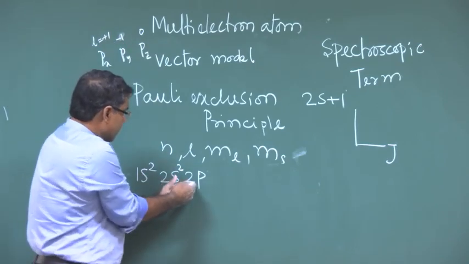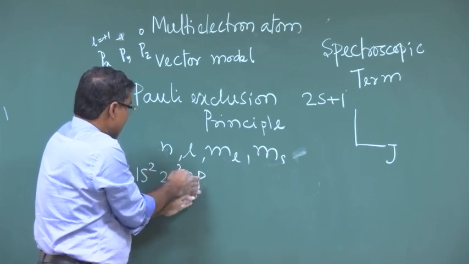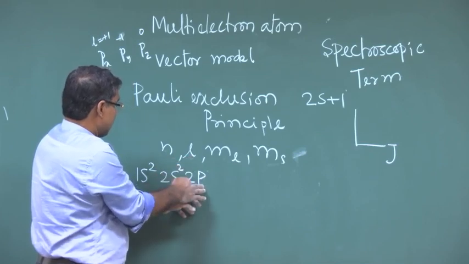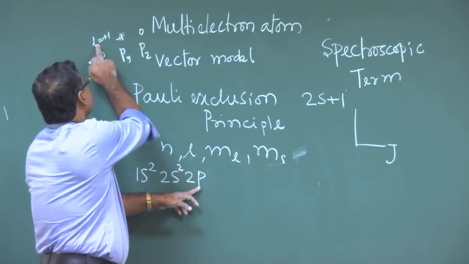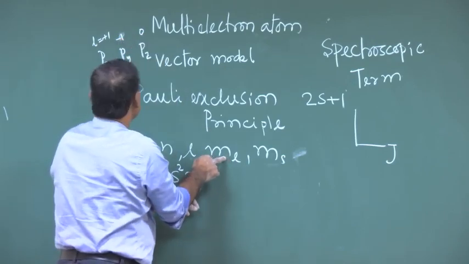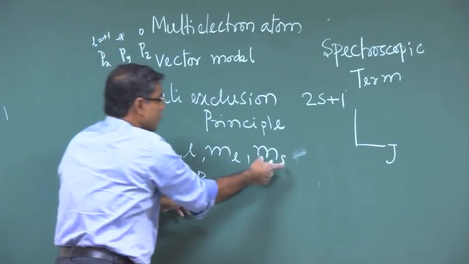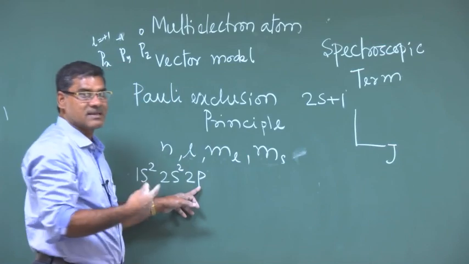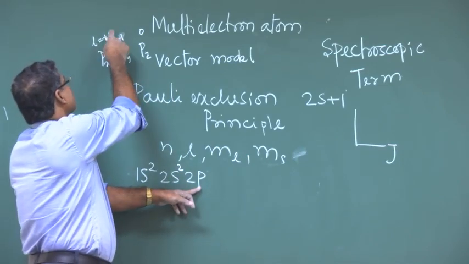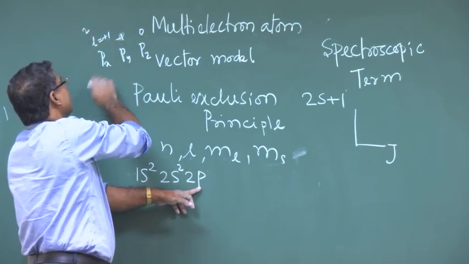So, now for n equal to 2, l equal to 1 is also fixed. Now, there are 3 ml values. For each ml value, say plus 1, I have 2 options, ms is plus half or minus half. Okay. So, for ml equal to plus 1, I have 2 options, I can put 2 electrons.